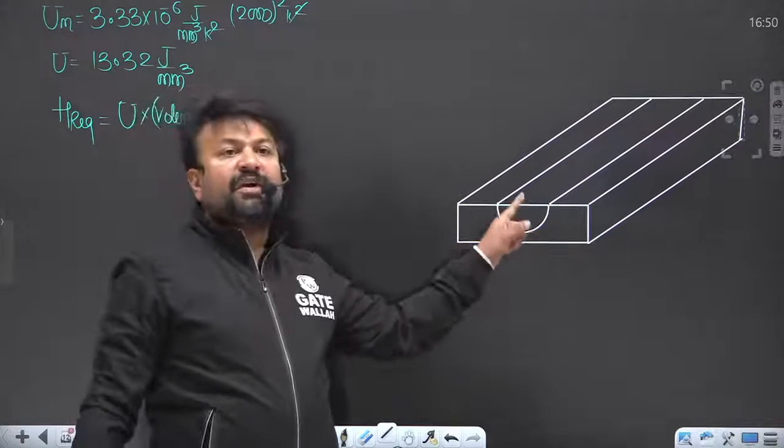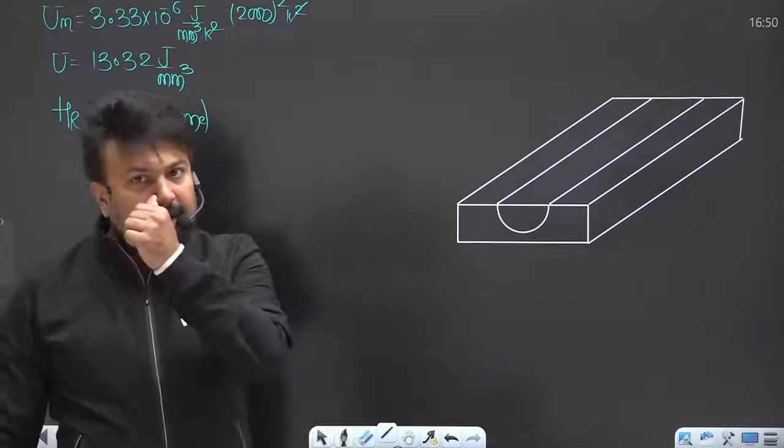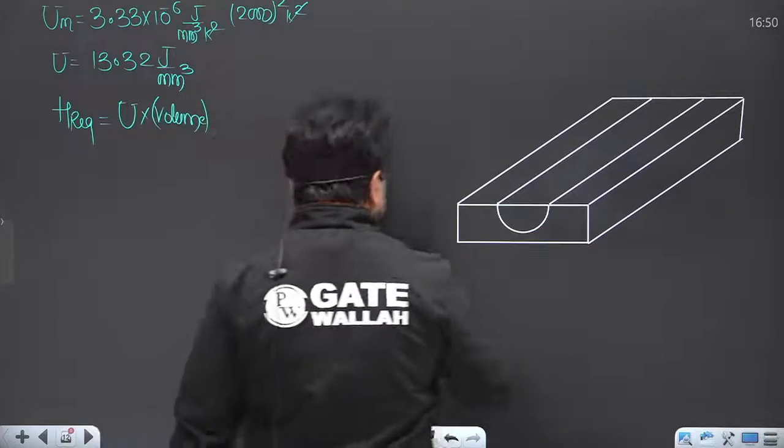So finally, the weld pool is semicircular, right? So what will be the volume?